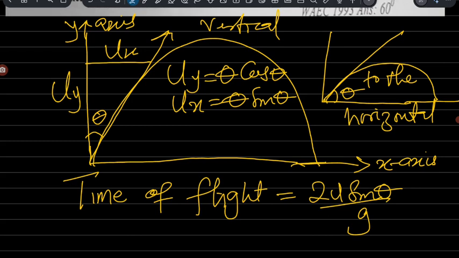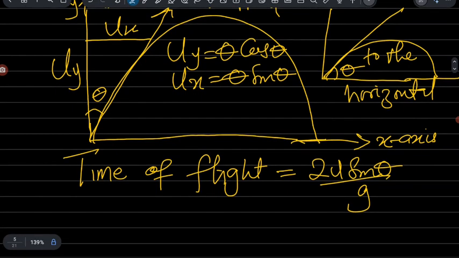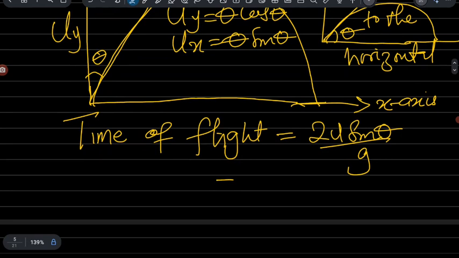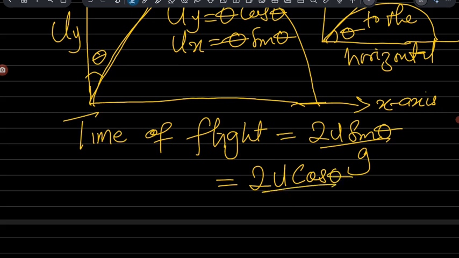It is 2u sine theta over g. But because it is to the vertical, not to the horizontal, our uy will now change, so it becomes 2u cos theta over g. Please take note of this very well for some certain questions.